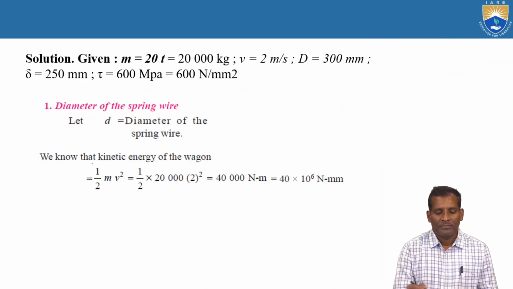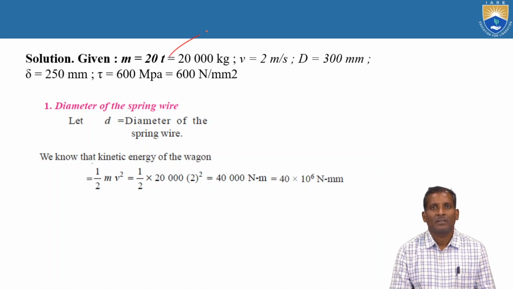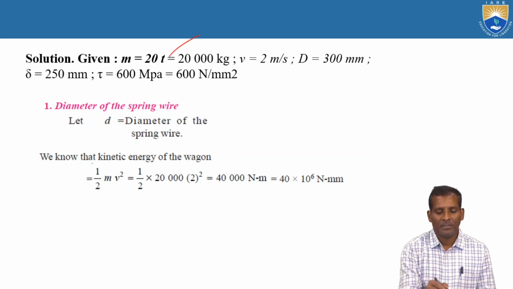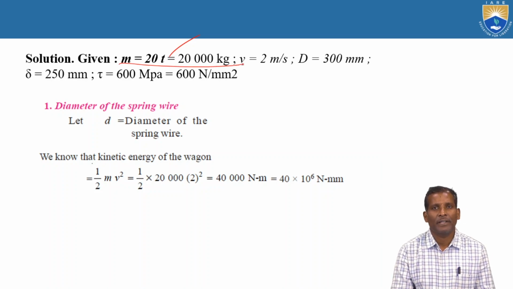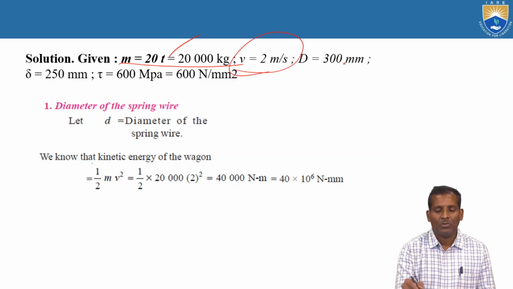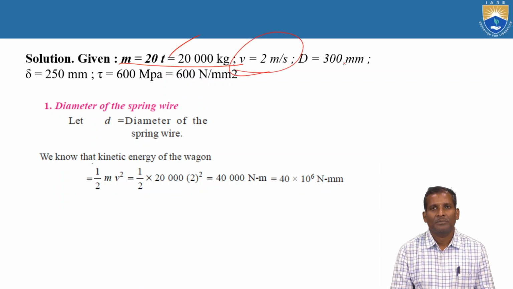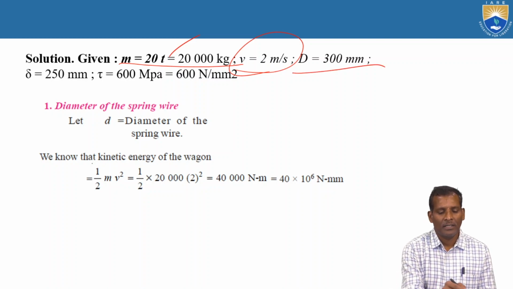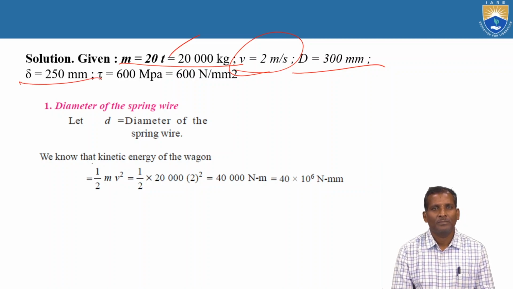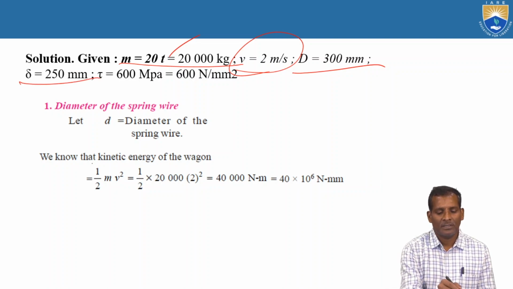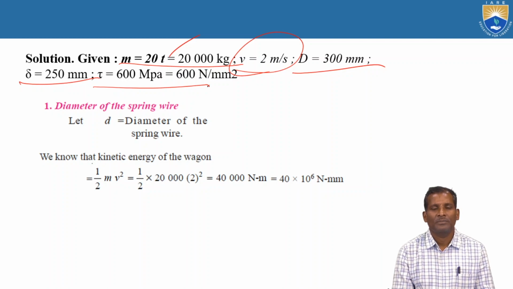Given data: 20 tons, convert into kgs, the mass of the rail wagon; velocity 2 meters per second; the mean coil diameter 300 mm; delta given 250 mm; shear stress 600 megapascal, 600 Newton per mm square, convert into Newton per mm square.